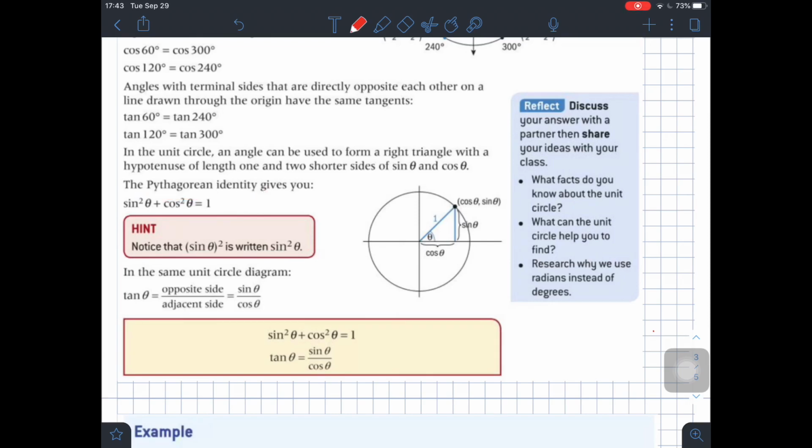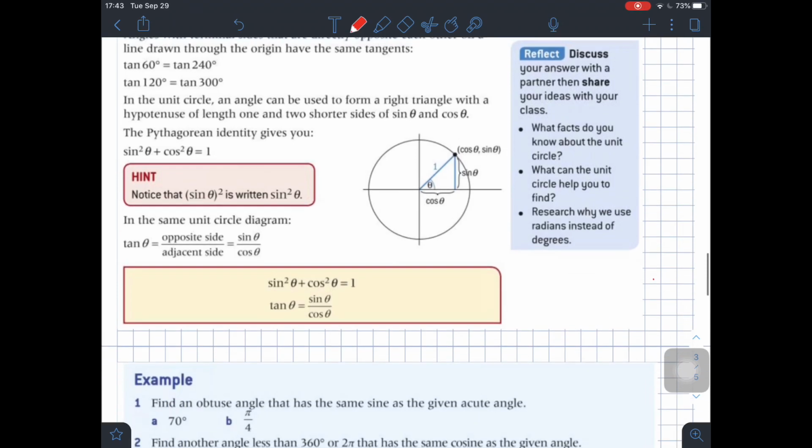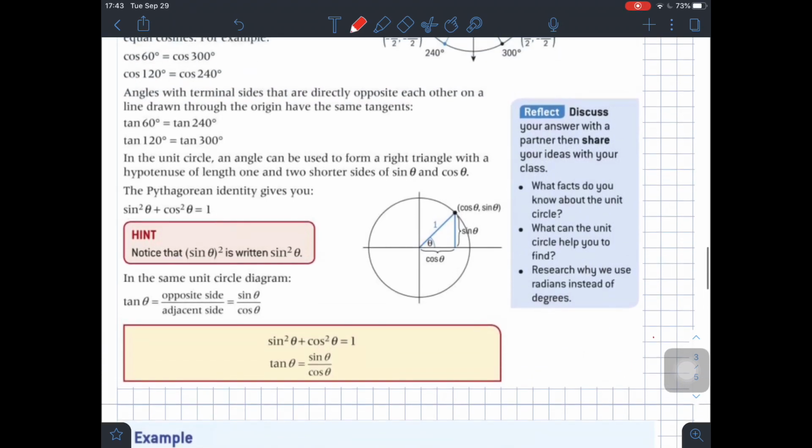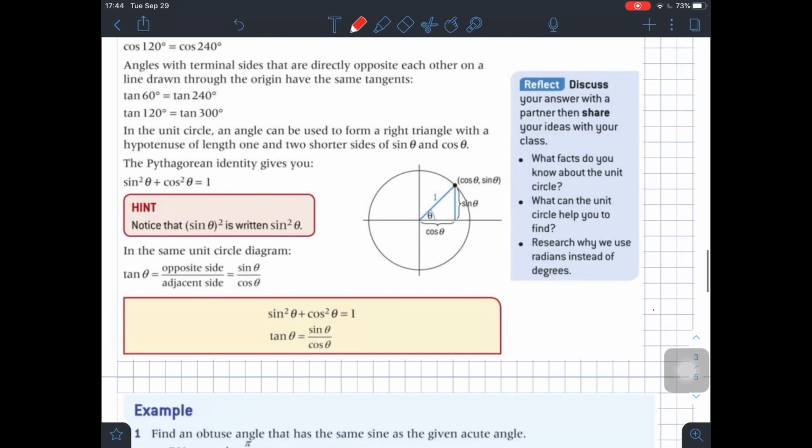It says the Pythagorean identity gives you sine squared of theta plus cosine squared of theta equals 1, right? This side squared plus this side squared must be equal to the hypotenuse squared. But 1 squared is, again, 1. That's why we have 1 over here. And so that's where the first formula comes from, the Pythagorean identity, which is this one over here. Sine squared of theta plus cosine squared of theta is equal to 1.